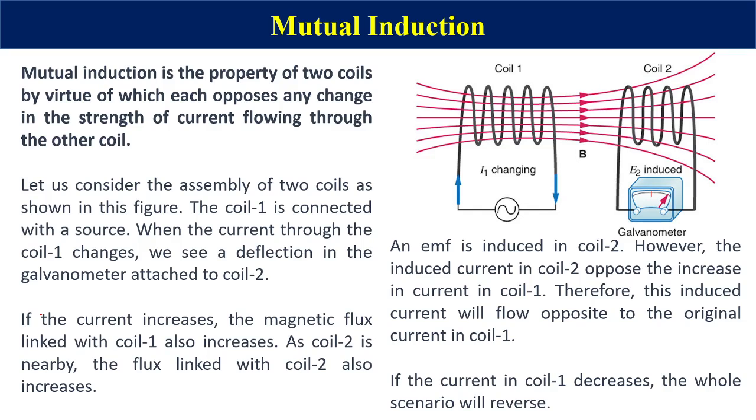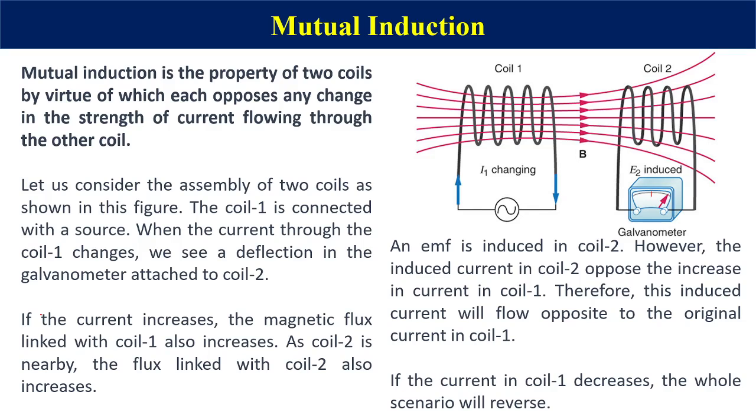However, because the current in one circuit is changing, the magnetic flux associated with both these circuits will change, as a result of which there will be an EMF induced in the second coil and it will give rise to a current. However, the current will once again oppose the original direction of the current. So let's try to understand this in a sequential manner.